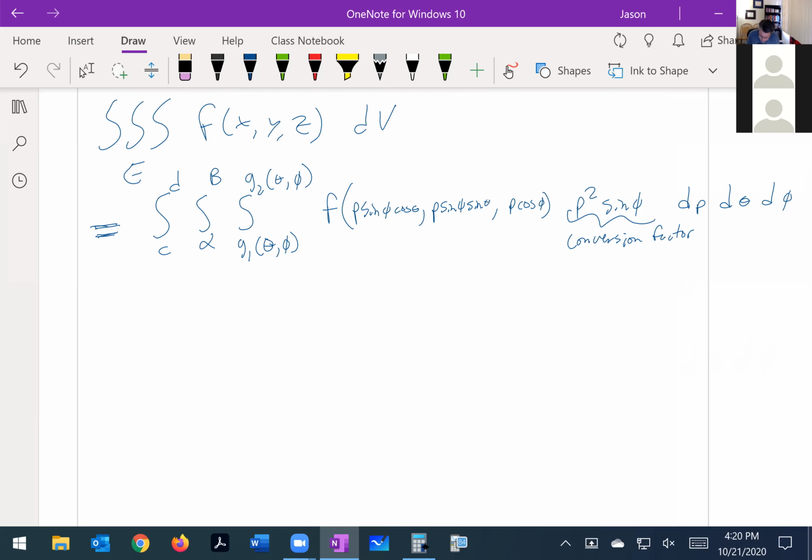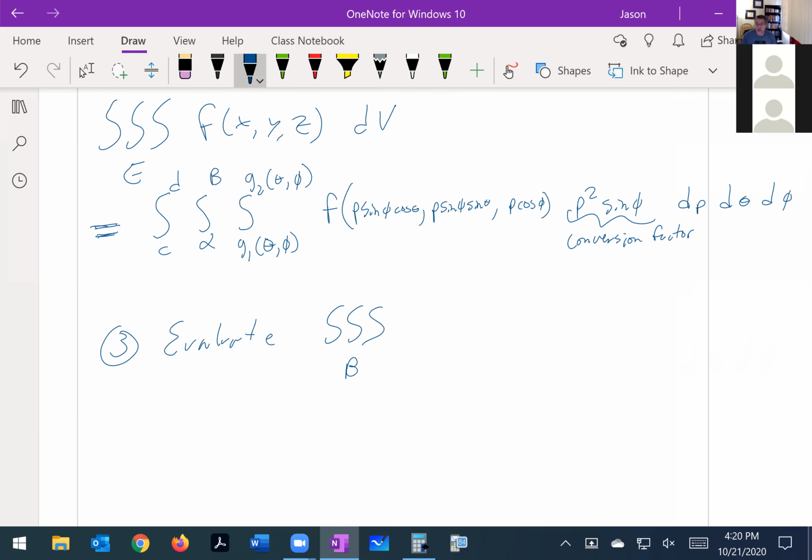Let's do an example here, number 3. Let's evaluate this triple integral over B, and we'll talk about what B means in a minute. When we did regular triple integrals, we let B be a box.